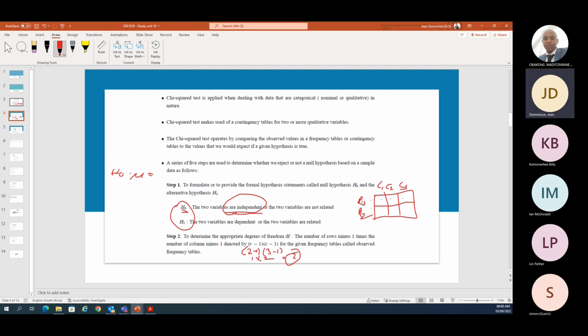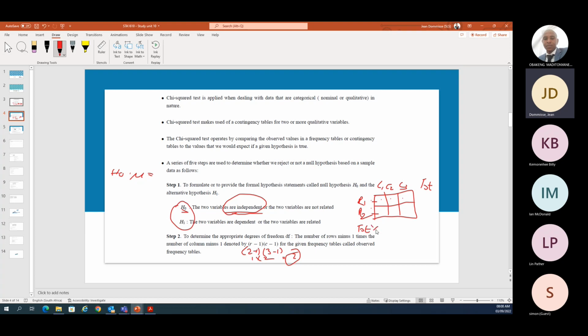Just remember this. The place where they are going to catch you out is if they add a total. Remember this is around the variables. So how many variables? There are still 2 variables.